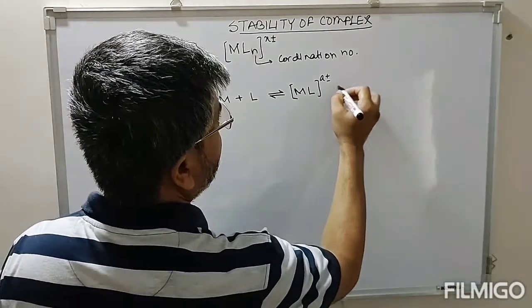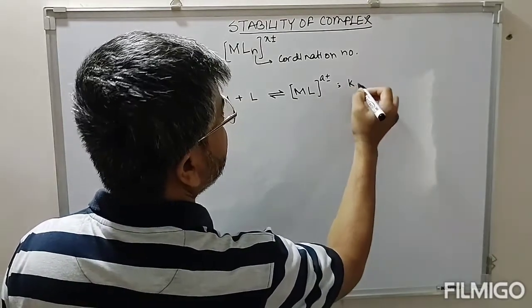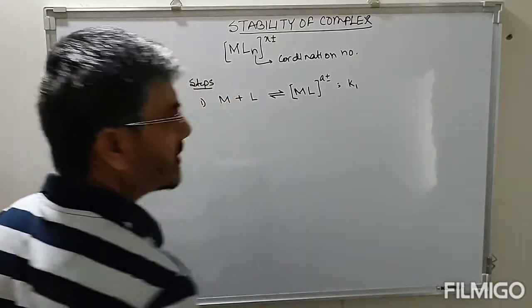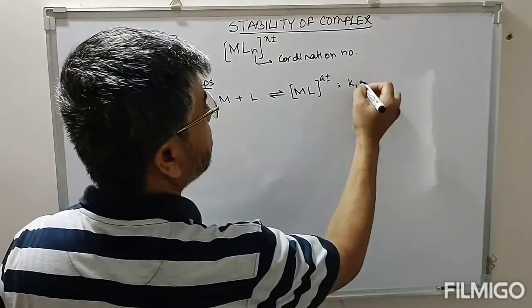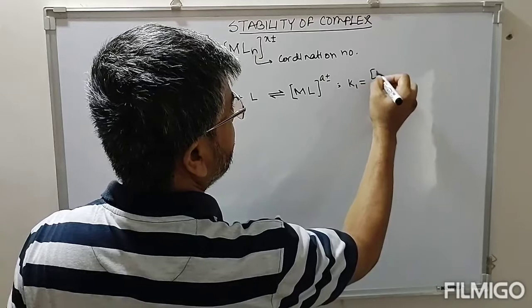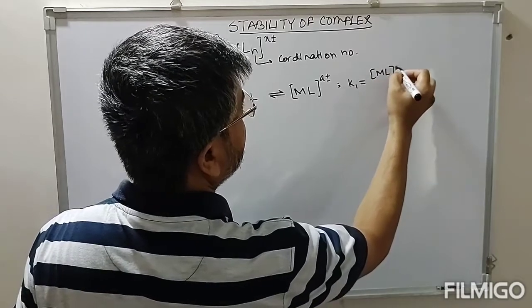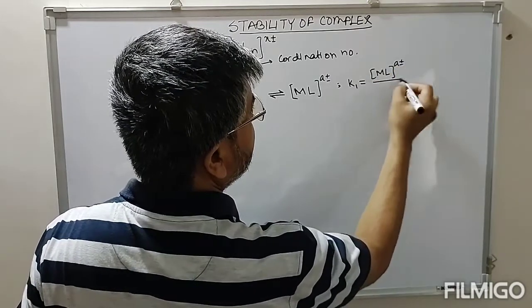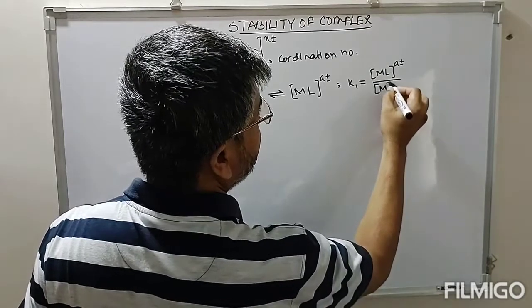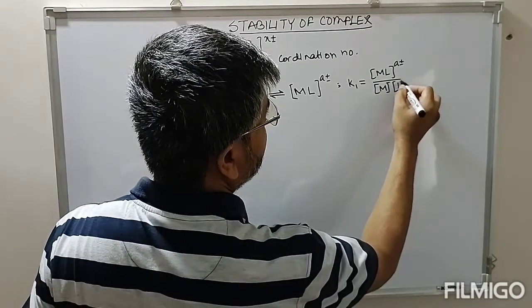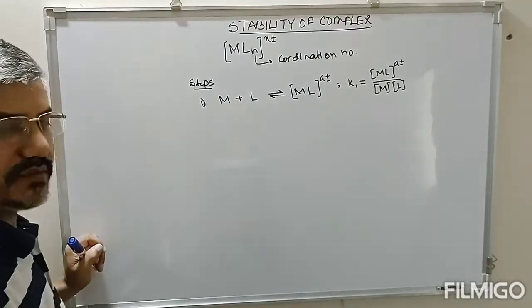Now since we have an equilibrium, this can be expressed by equilibrium constant K1, that is individual equilibrium constant. So this is the concentration of ML divided by the concentration of M into the concentration of L, that is the equilibrium constant.